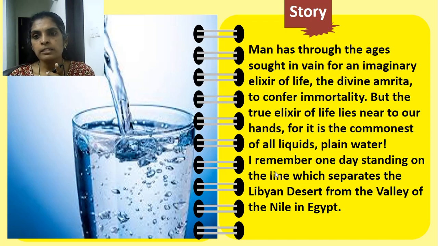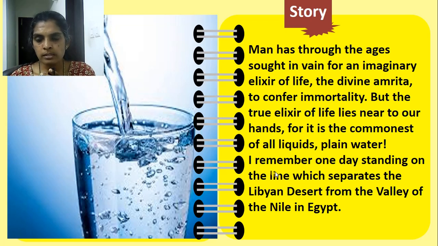That means not having death. So man wants to live forever. He knows that this divine Amrita will give him immortality. He has been in search of it. But Sir C.V. Raman is telling us we have always had Amrita in our hand, and that Amrita is nothing but plain drinking water. Plain water, that is the elixir.